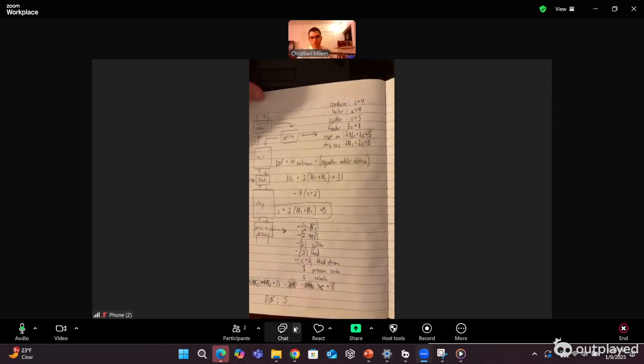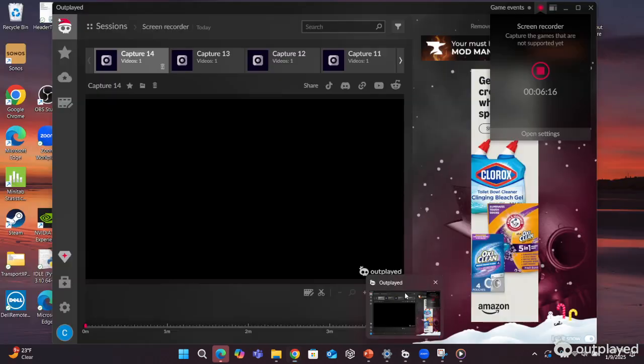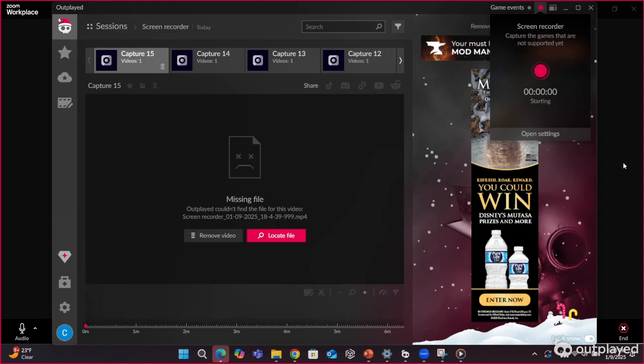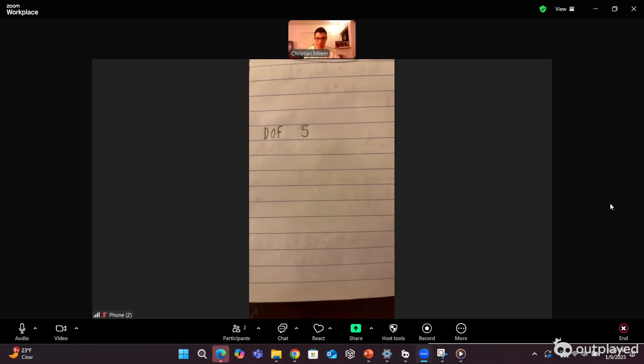So then I think this last part is asking, what are the two typical sets of design variables that are specified. All right, so we have 5 degrees of freedom. Sorry, my thing's not working properly.